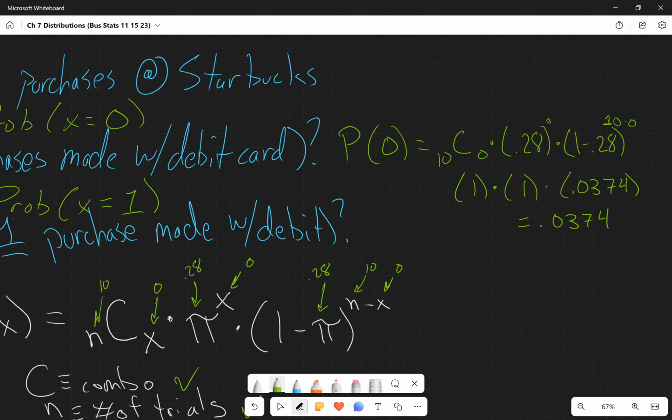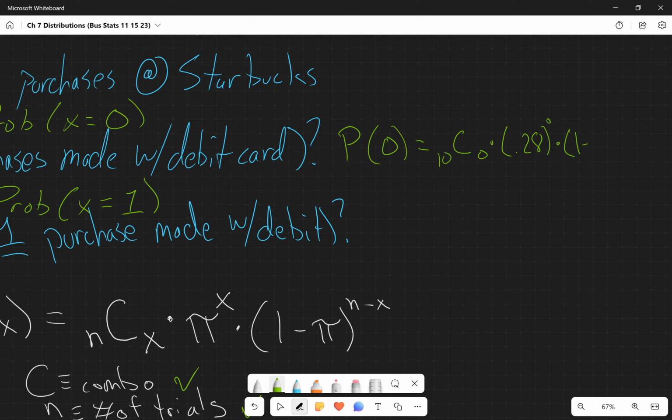So the next one is our P of 1. So this is going to be 10C1 times 0.28 to the 1 times 1 minus 0.28 to the 10 minus 1.